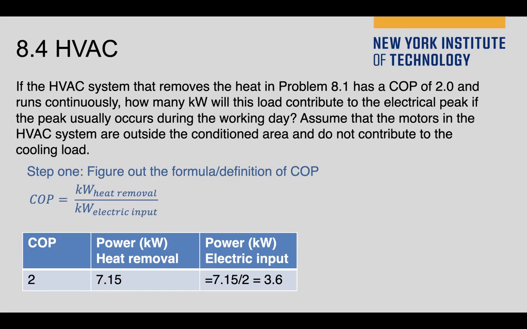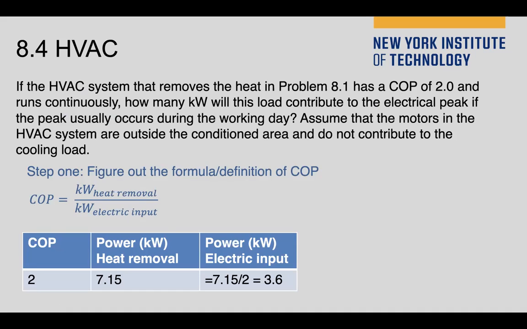So what this question is asking for is the electrical input. Now we have the COP equal to 2.0, and make use of this equation: kilowatt heat removal over electrical power.